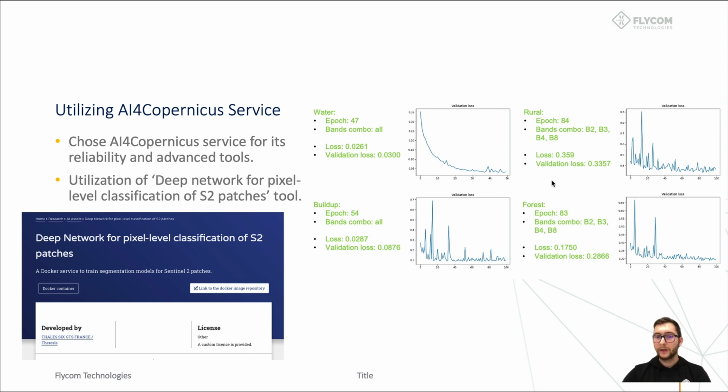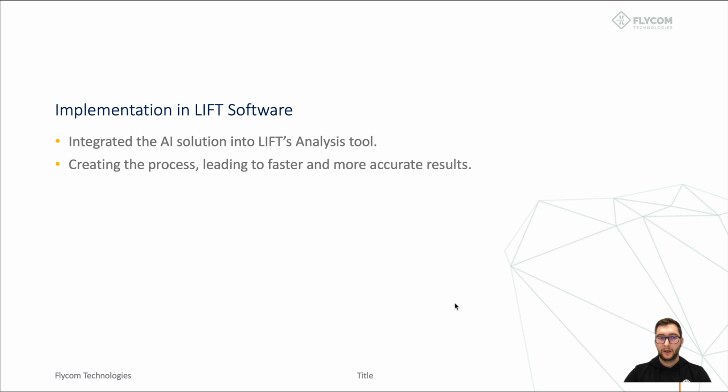But for rural and forest areas, we got sufficient results for some tasks, but for precise detection, those two aren't capable enough. So further improvements are needed for the rural and forest detection.